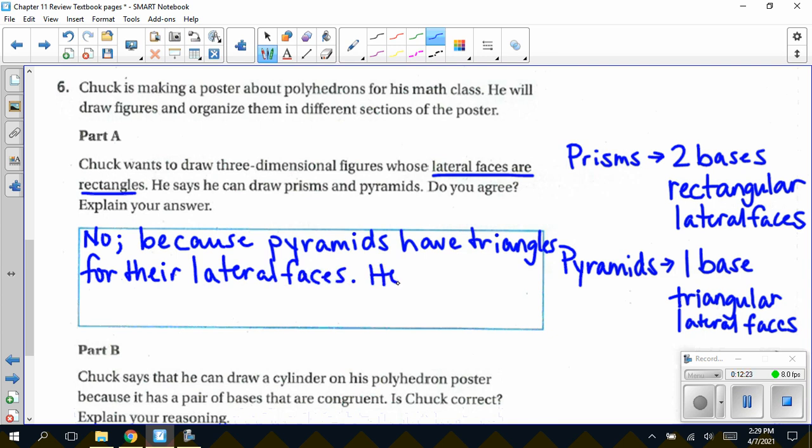He can draw prisms only. So again, if he can only have lateral faces that are rectangles, he can only draw those prisms. The pyramids have triangles for their lateral faces.